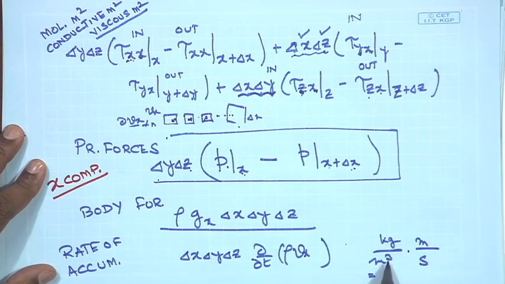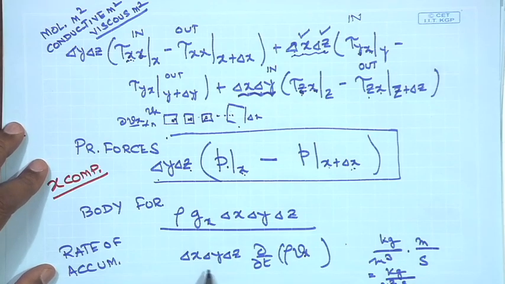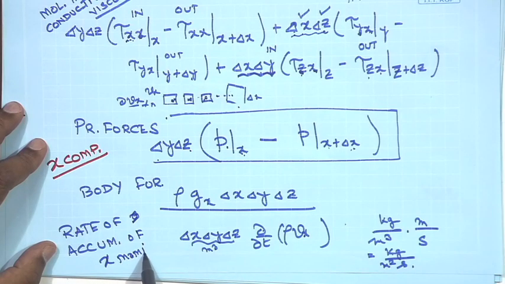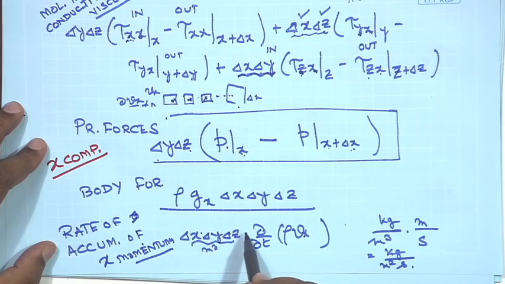So, this would simply be kg per meter square per second, and what you would get here is then the momentum change. This is meter cube and what you get is then kg meter per second and del t of that. So, this is the rate of accumulation of, this is important, x momentum in the control volume, which is going to be del x del y del z del t of rho Vx.